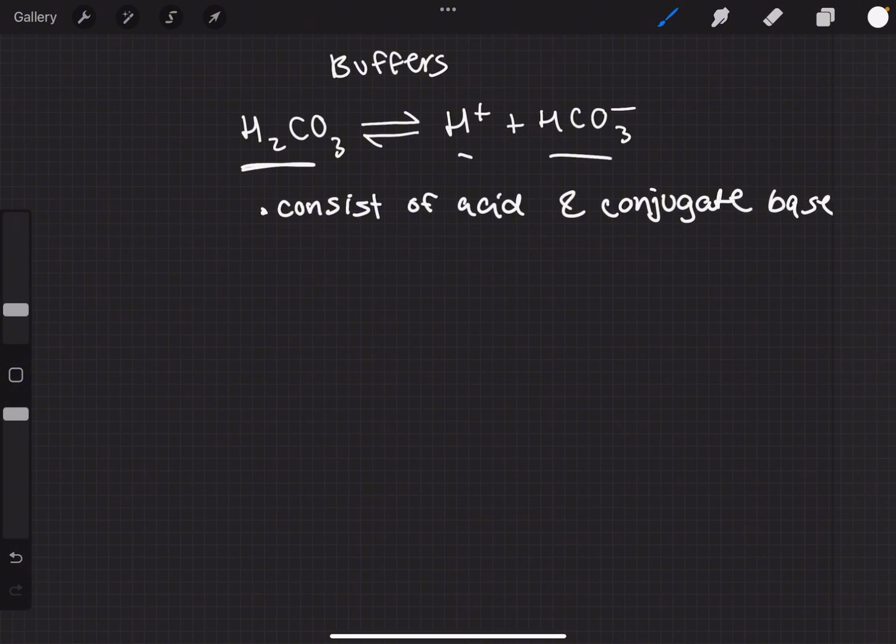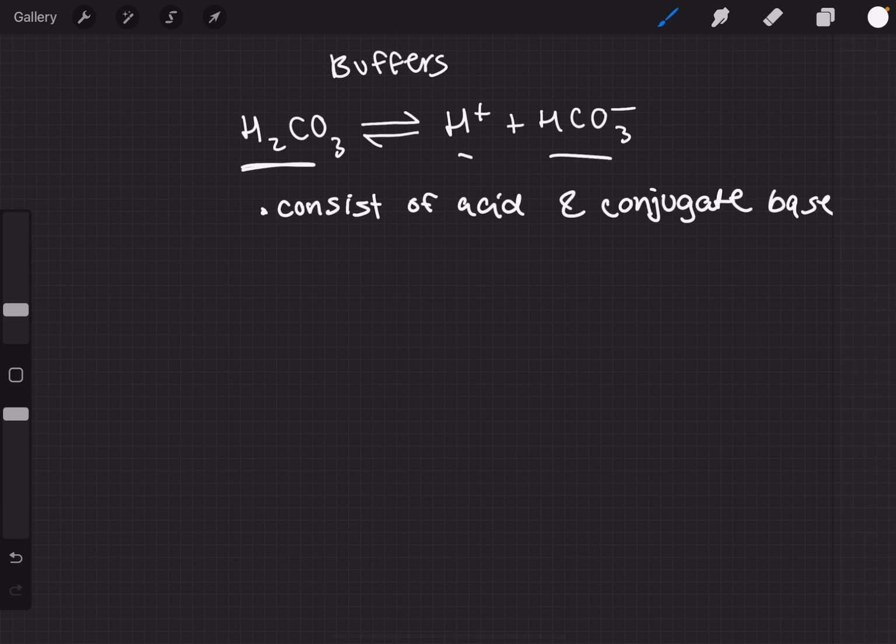And if you remember, according to the Bronsted-Lowry model, a conjugate base is the acid with one proton less. In this case, carbonic acid is H2CO3. Take away a proton, you're left with HCO3 minus.